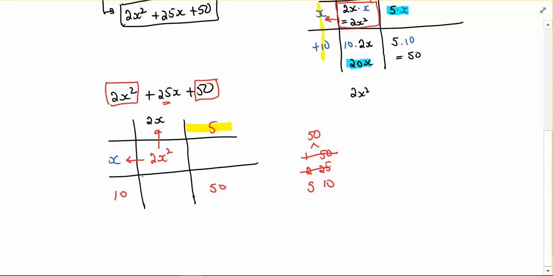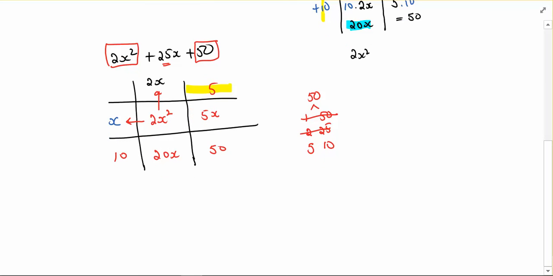So 5 times x would give me 5x, 2 times 10 would give me 20, and I see that these two now add to be 25, so I have my factors. So that works out to be 2x plus 5 and x plus 10.